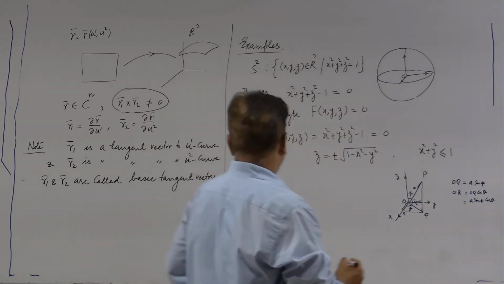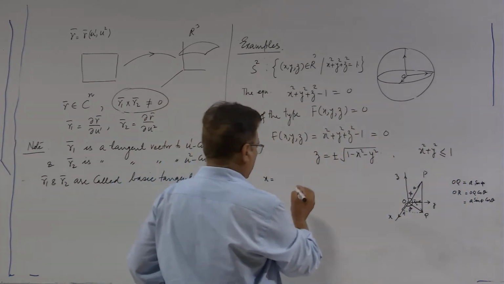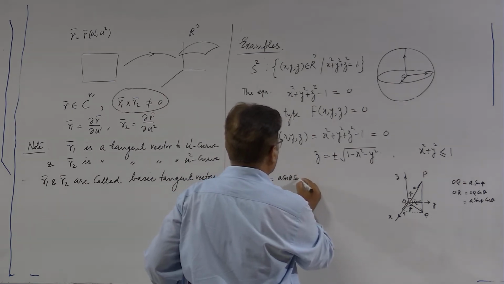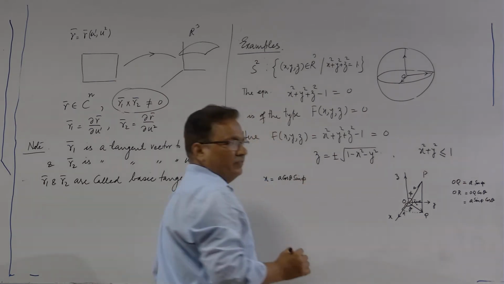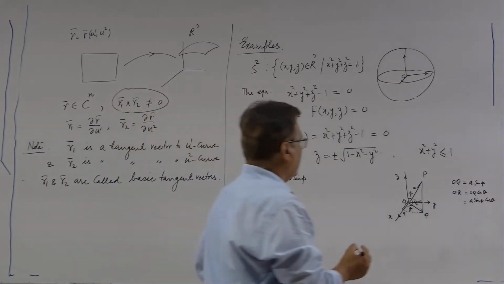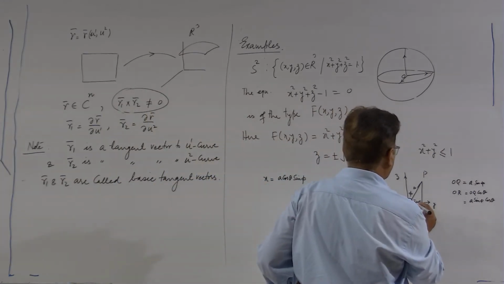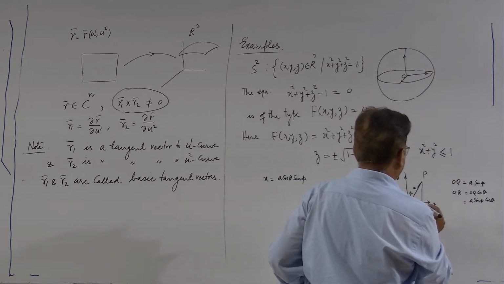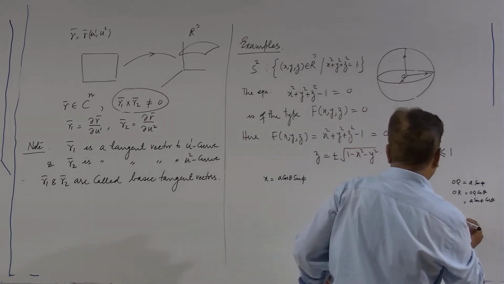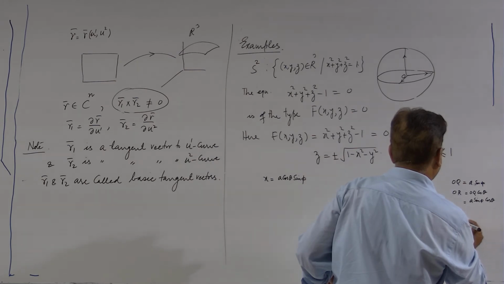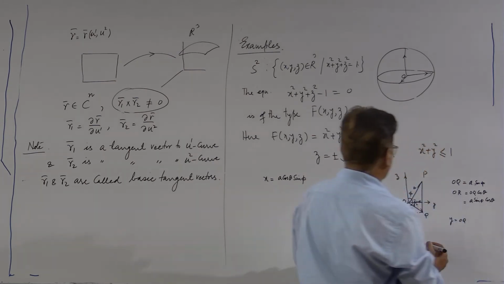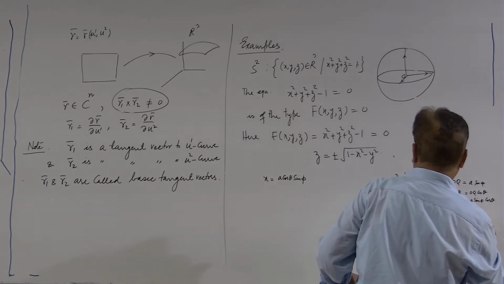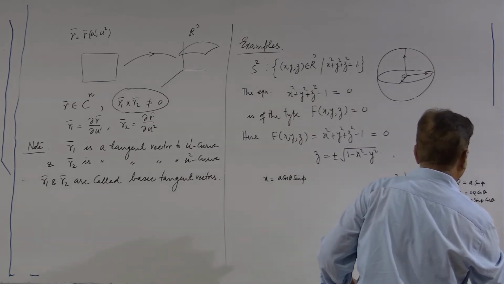So the x coordinate will be a cos theta sin phi. And for y, the angle is 90 minus theta, so y equals OQ cos(90 minus theta), which is sin theta.